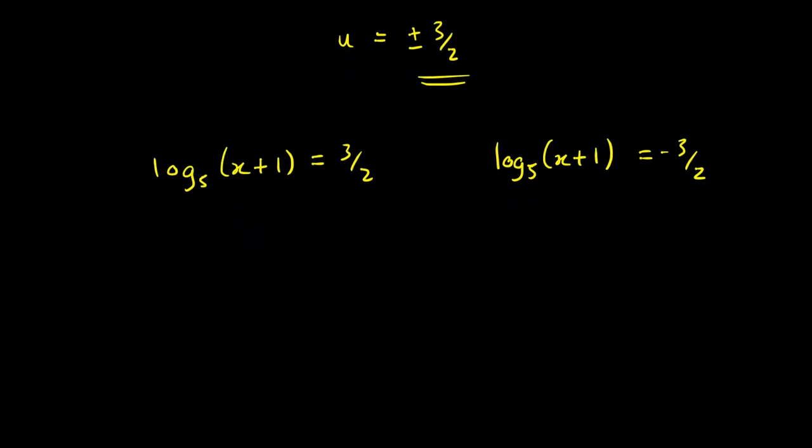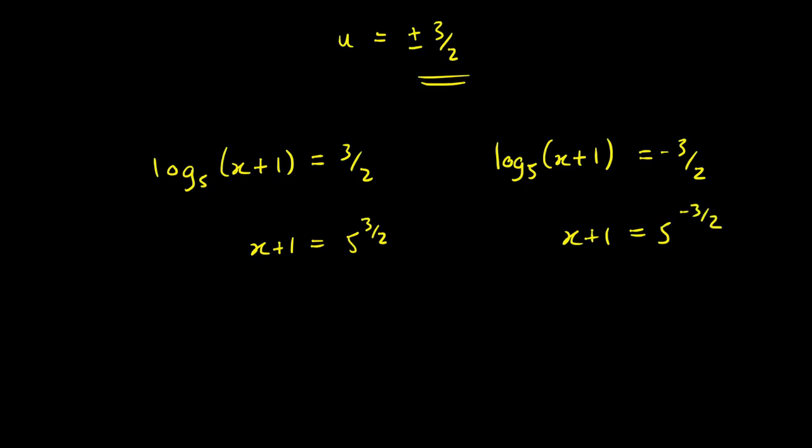So first, let's rearrange. Our base is 5. Base is 5 there. And the power is 3 upon 2, and it'll be equal to x plus 1. So in other words, x plus 1 is equal to 5 to the power of 3 upon 2. Okay, and we can do the same thing with the other side, right? x plus 1 will be equal to 5 to the power of minus 3 upon 2.